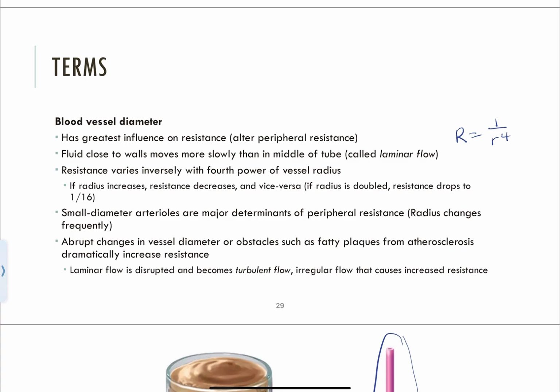If we have any abrupt changes in the diameter of whatever blood vessel we're talking about, or any buildup like from fatty plaques, that could also increase resistance. So that laminar flow that we were just talking about, that's like our river, would be disrupted, and it's going to become turbulent flow because now we have these plaques along our blood vessels. And turbulent flow is just an irregular flow that causes increased resistance.